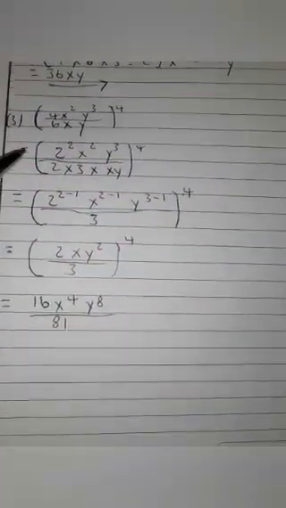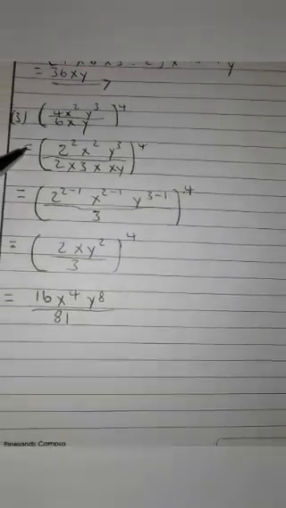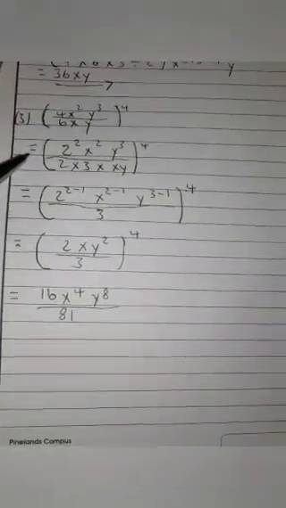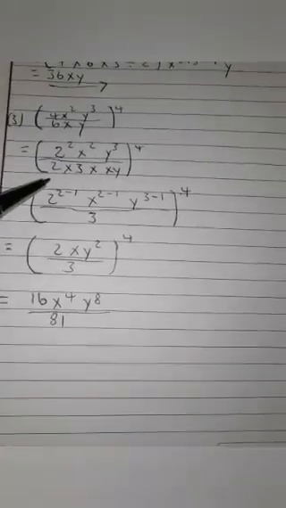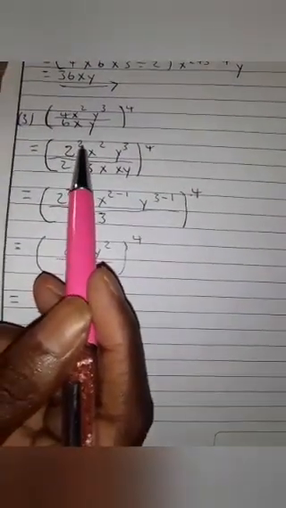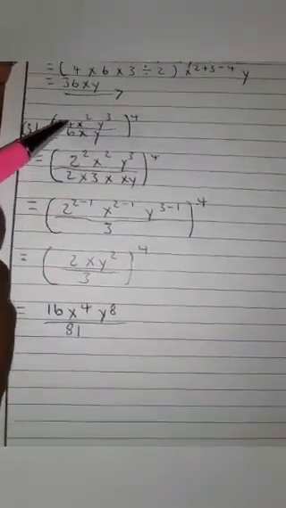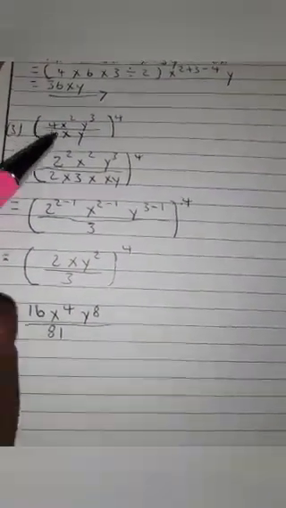Right. To solve or to simplify the calculation, we start by putting an equal sign, then open bracket, then you put 2 to the power of 2. 2, the difference from 6 to 4, 2, right?